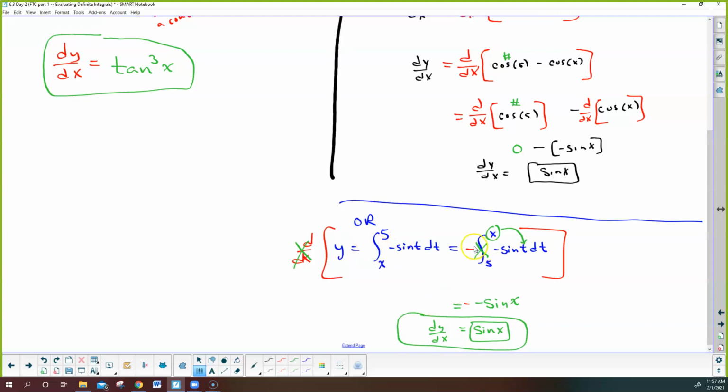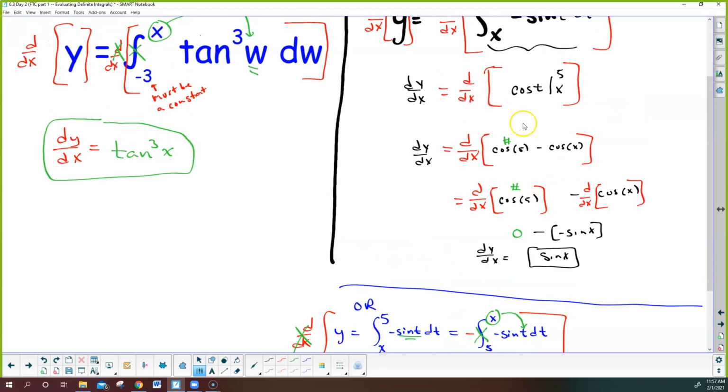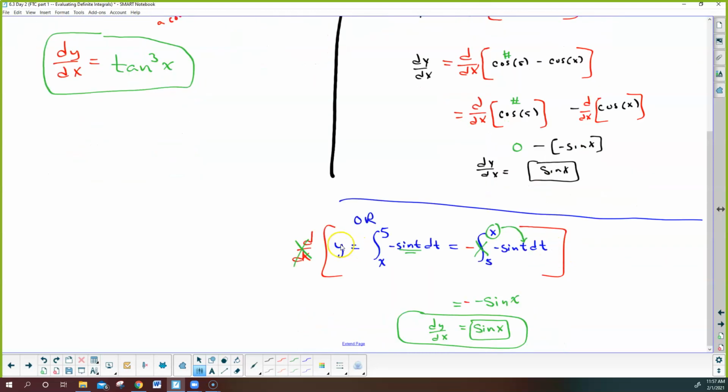It's saying that the derivative and the integral are going to reduce each other out, and whatever your function was underneath the integral, you're just going to plug in that x value. Okay. Now notice, the long way got me the same answer, positive sine. The short way got me the same answer.